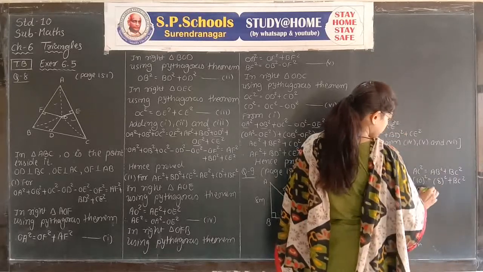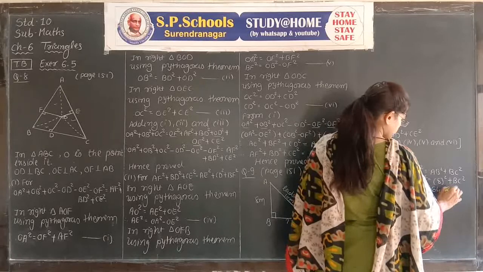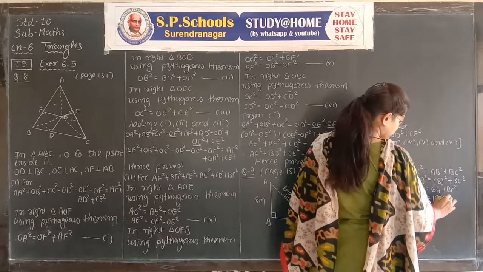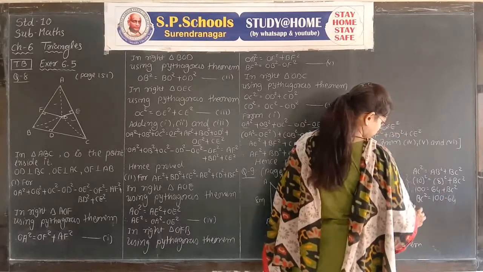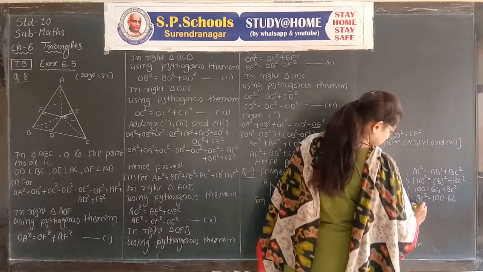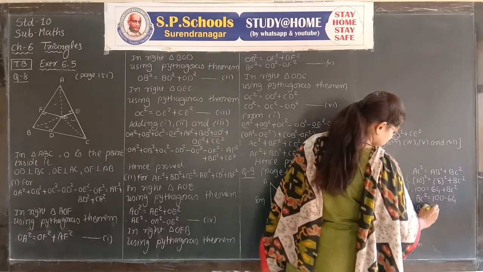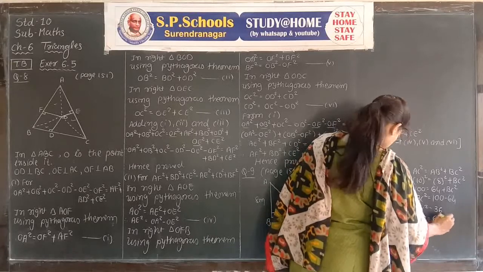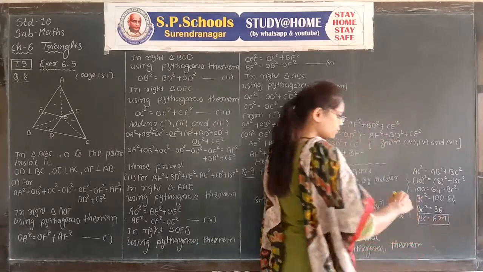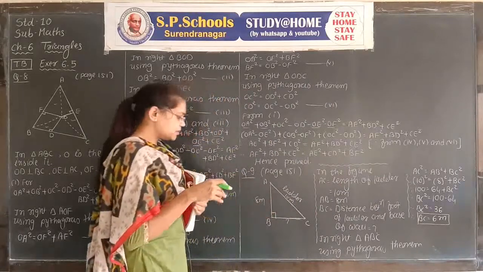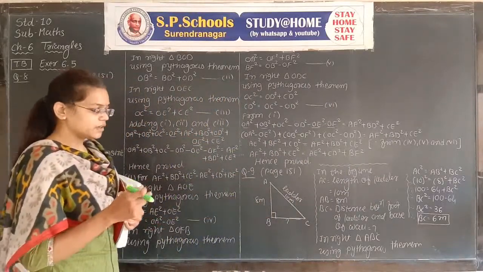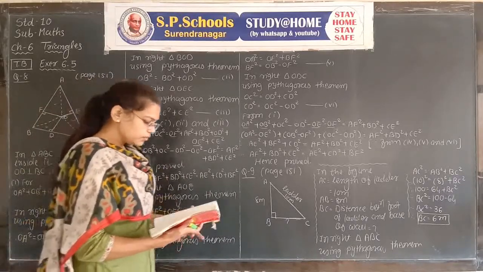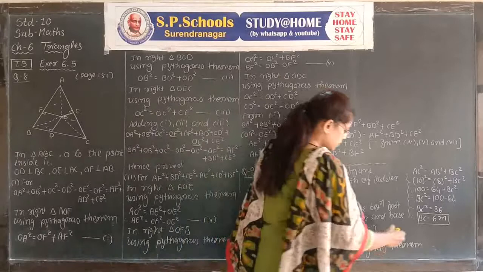That's why 100 is equal to 64 plus BC square. That's why BC square is equal to 100 minus 64. Now BC square is equal to 36 and BC is equal to 6, unit is meter. In actual, BC is plus or minus 6, but BC is the distance, so it can't be negative. Here our answer is the distance of the foot of ladder from the base of wall is 6 meter.